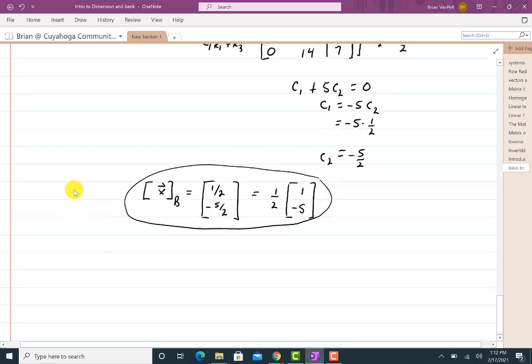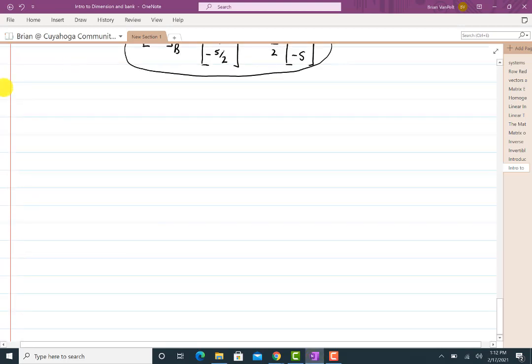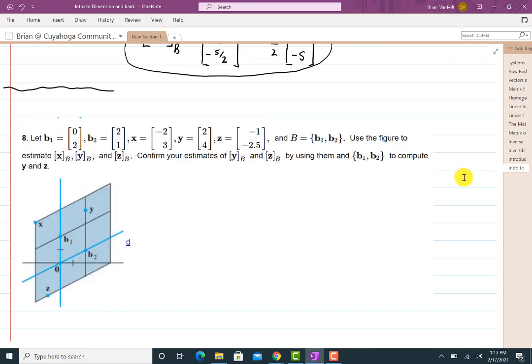The next problem, I'm going to grab something directly from our current textbook because it's a graph. It shows graphically exactly what I've been doing for the last couple of problems. So let's go ahead and paste it in. In this example, they've given us the basis vectors b1 and b2.